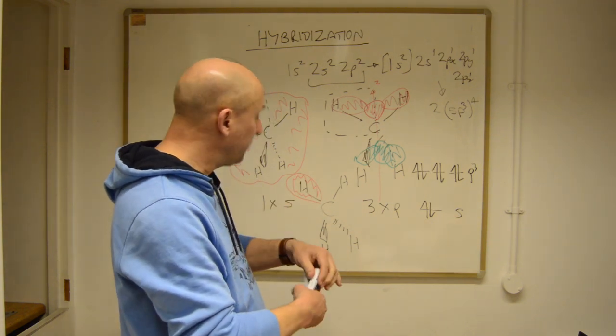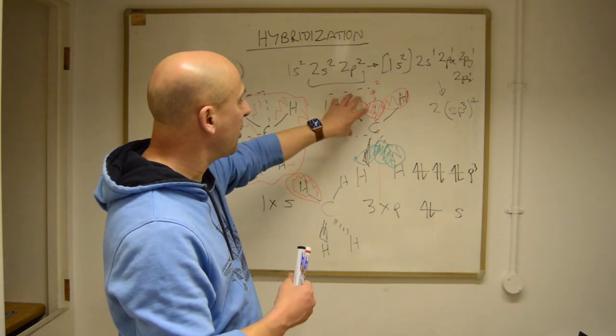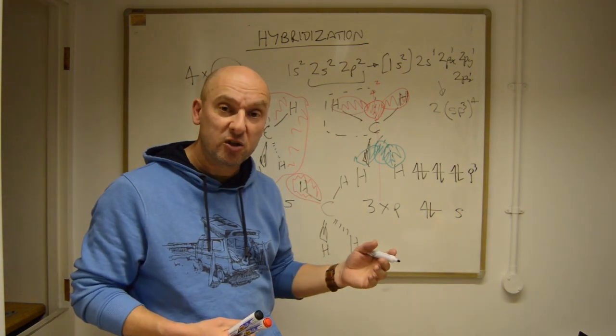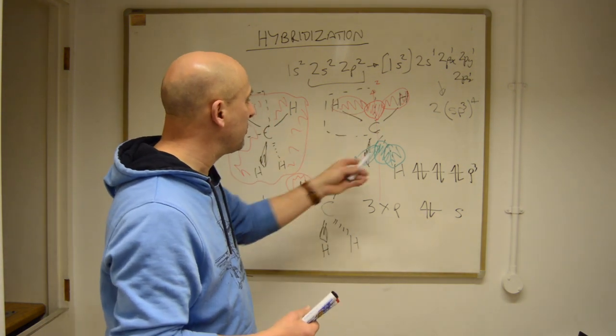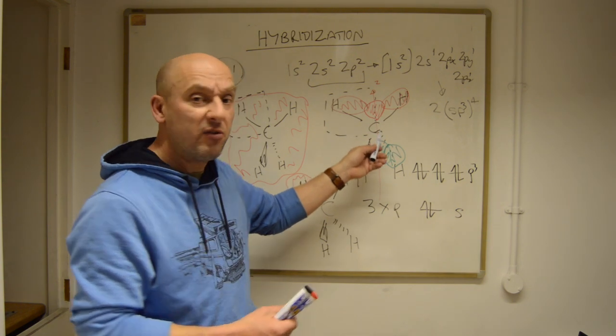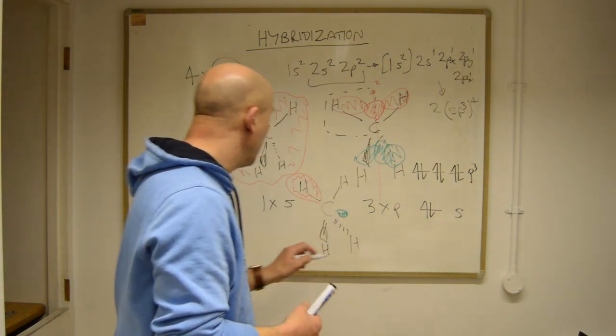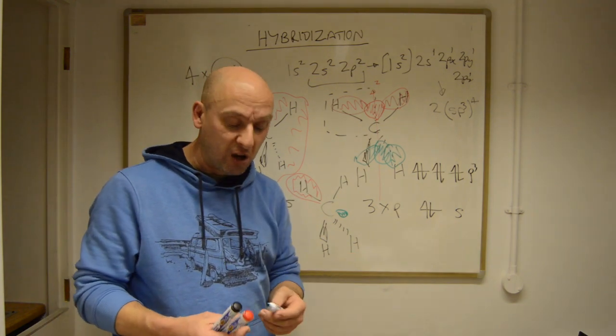But the bit that doesn't come out of this is the bit that comes out of the maths, the quantum mechanics: we're not just borrowing a bit of this, we're also borrowing a little bit from over here at the same time. So we get this type of sp3 hybrid orbital.